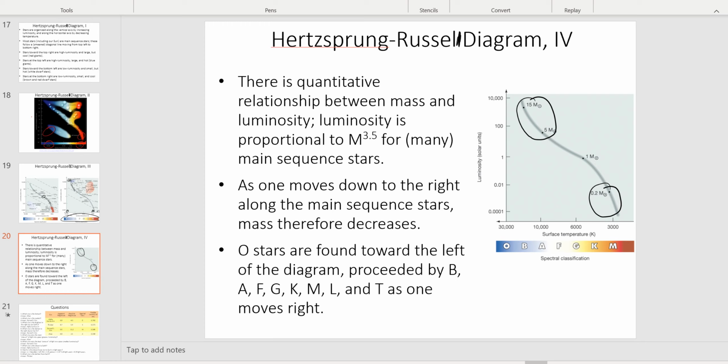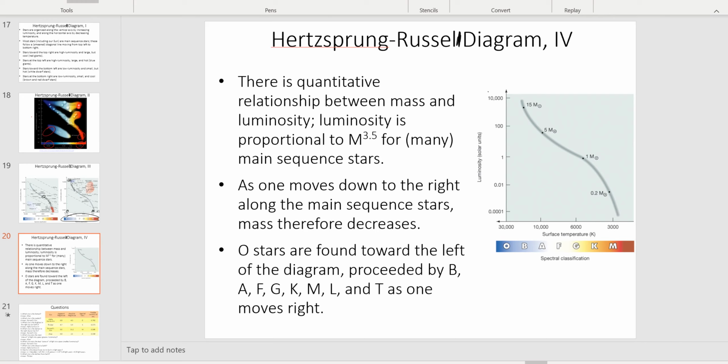And maybe that's not terribly surprising because the stars up here are more luminous than the stars down here. Remember, this is a luminosity scale, so this is dim, this is bright. And we know that in general, the brightest stars are the hottest, but also the largest. And if a star is really large, it has a lot of mass. So all I really want you to know is that the more massive stars are near the top of the main sequence curve, and the less massive stars are near the bottom.